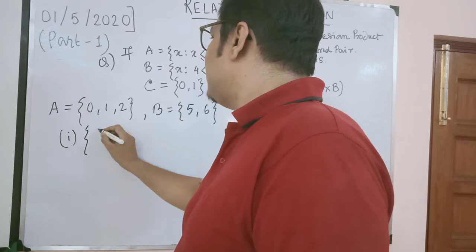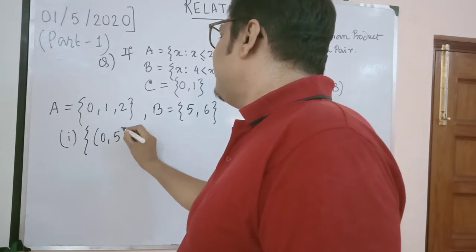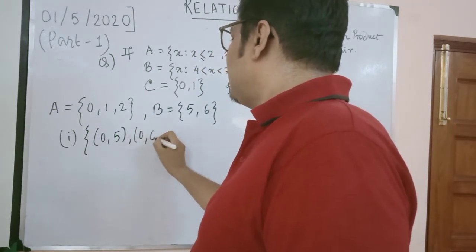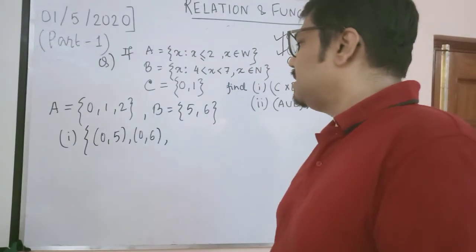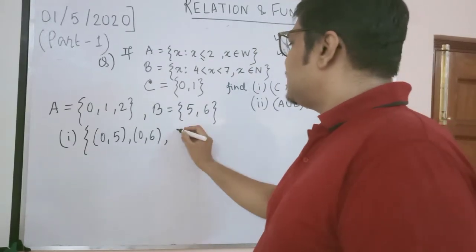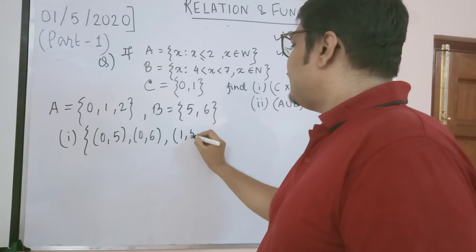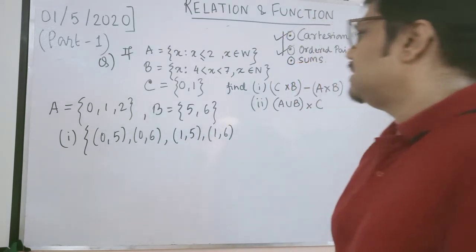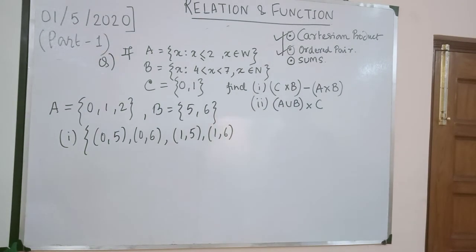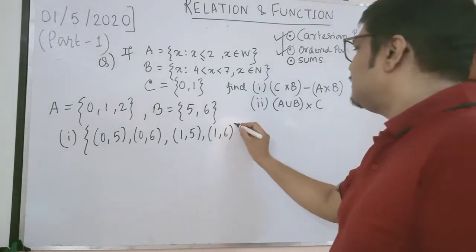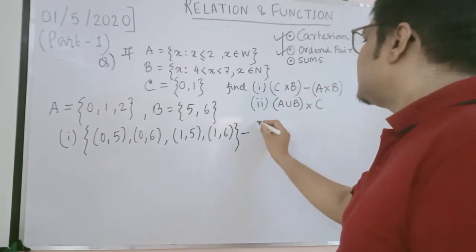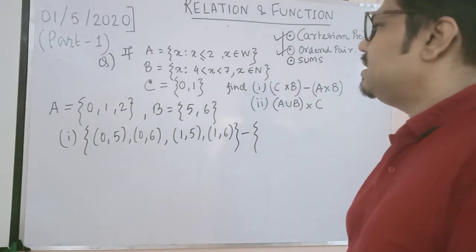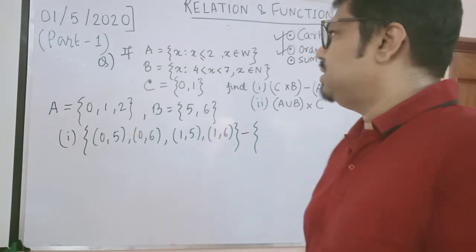So C cross B will be 0, 5, then 0, 6, then 1, 5 and 1, 6. This is the first part. C cross B minus A cross B.